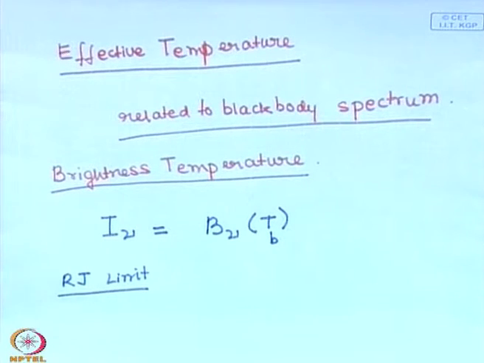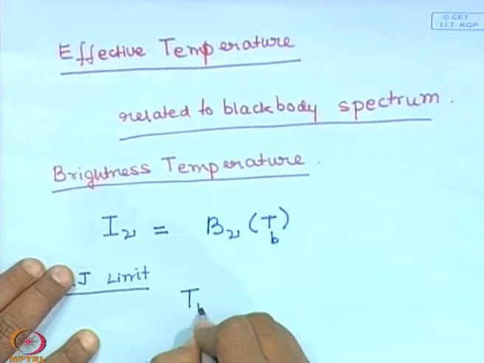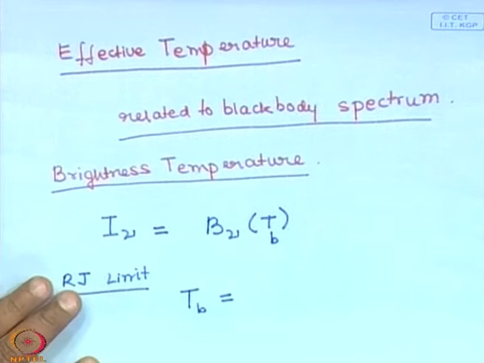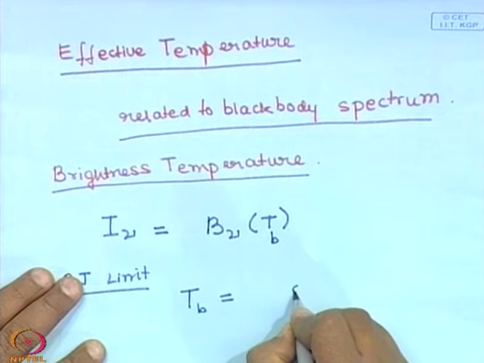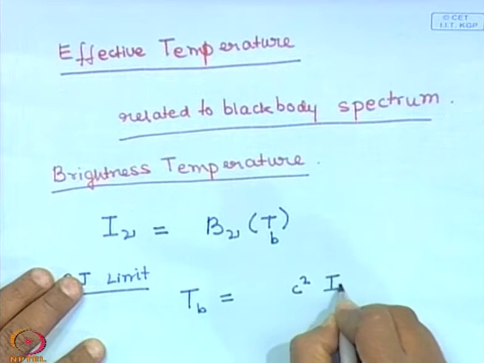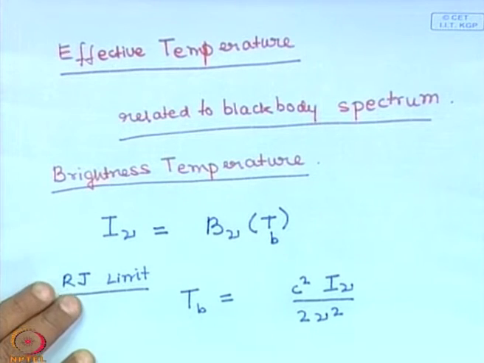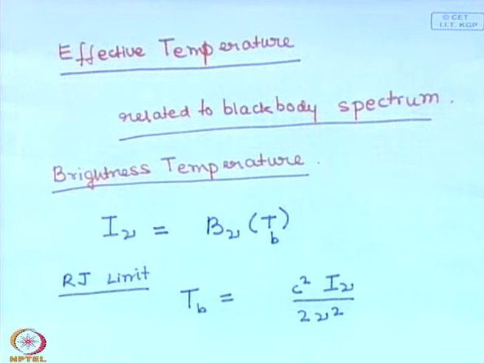In the Rayleigh-Jeans limit, you take the specific intensity and just multiply it with c square and divide by 2 nu square, it will give you the brightness temperature, right.